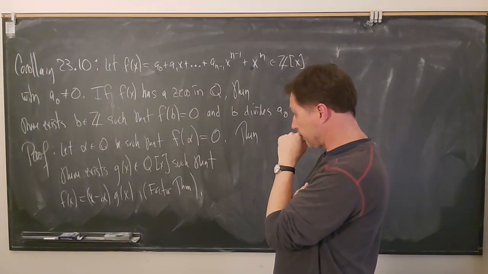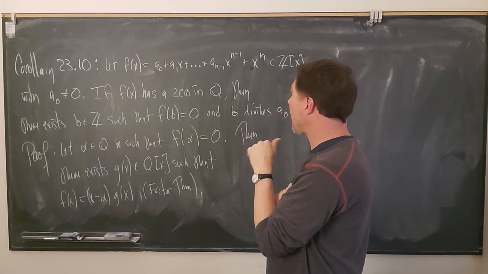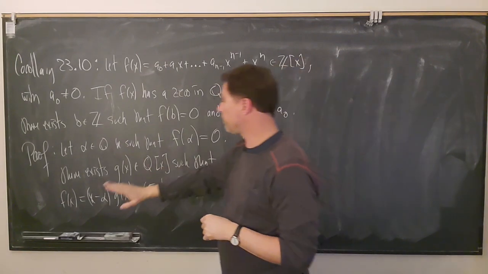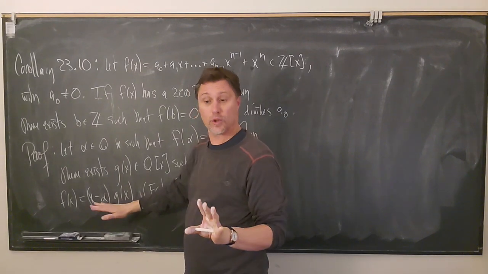Okay, fine. Now what have we done? We have an integer polynomial that we factored over Q according to our previous theorem.